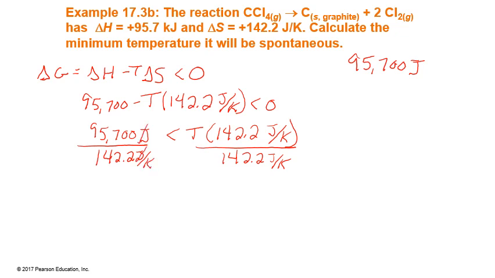Our joules will cancel, and we will get 673 Kelvin less than our temperature. So this means that the temperature needs to be higher than 673 Kelvin for the reaction to be spontaneous.